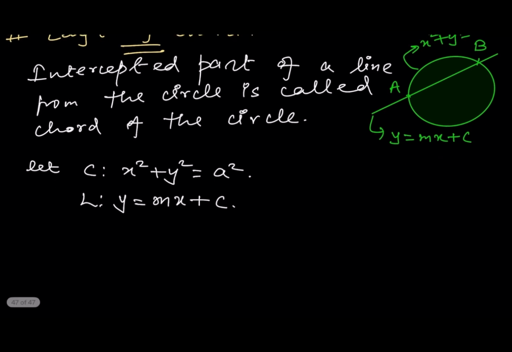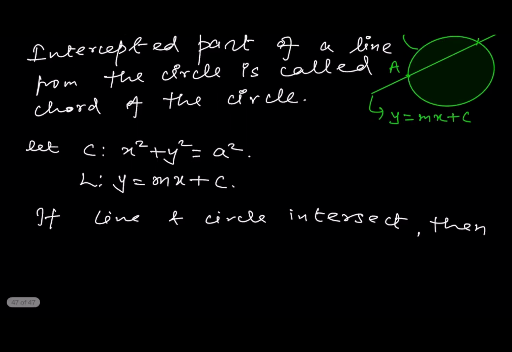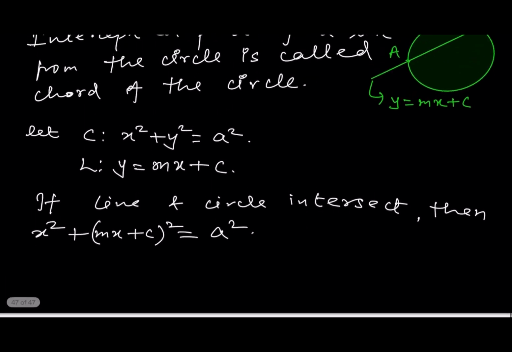If we solve this circle and line, then we can get point A and point B. Or if the line and circle intersect, then y square, that is (mx plus c) whole square, plus x square is equal to a square, right?